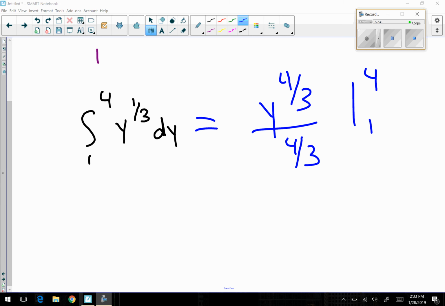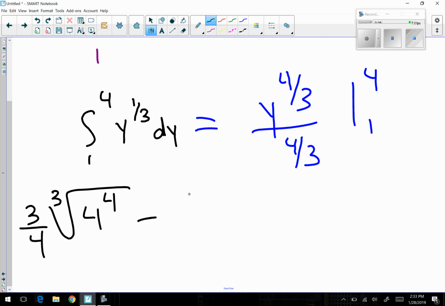So we have y to the 4/3, so we're plugging in 4. We have the number 4, and we're taking the cube root of 4 to the 4th. 4/3 in the denominator, so that's 3/4, minus 3/4 cube root of 1 to the 4th.